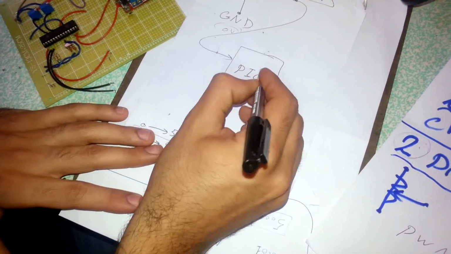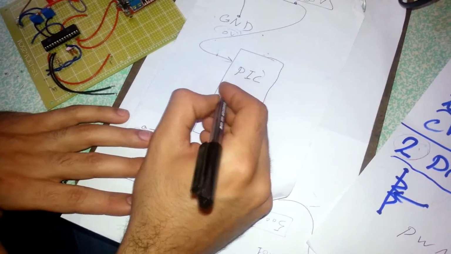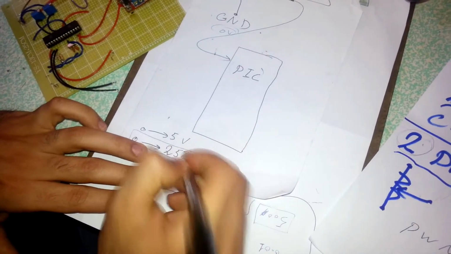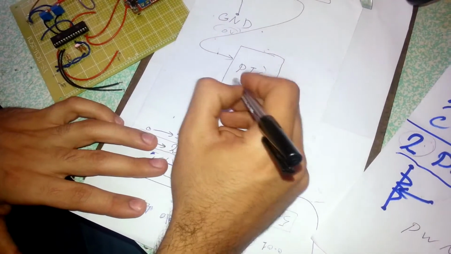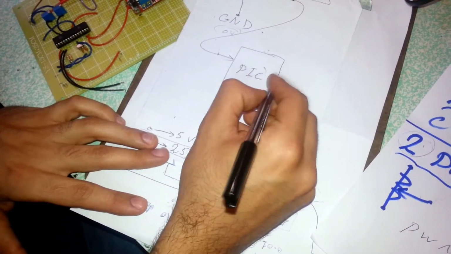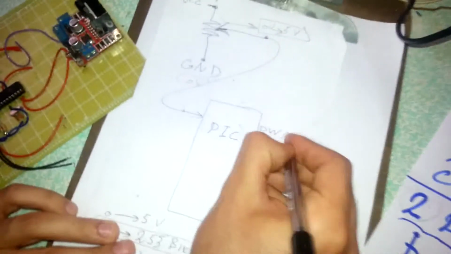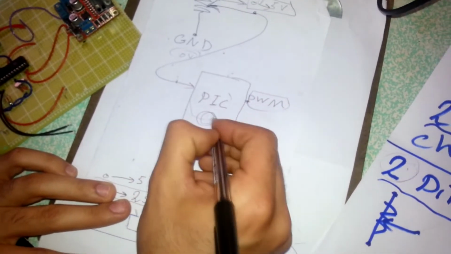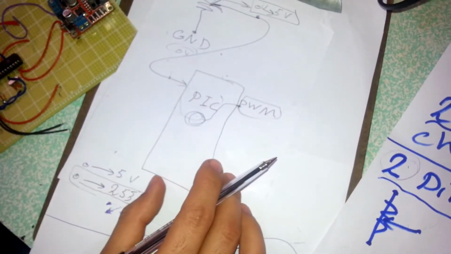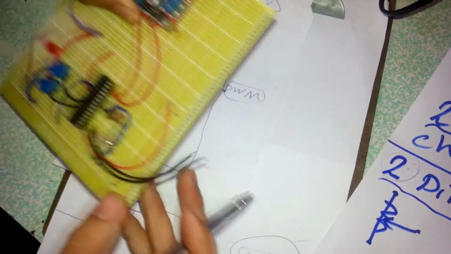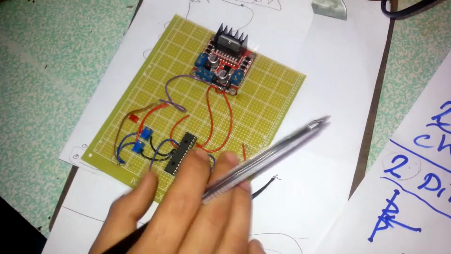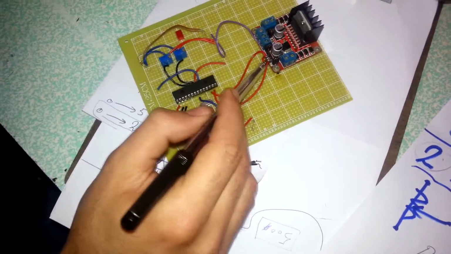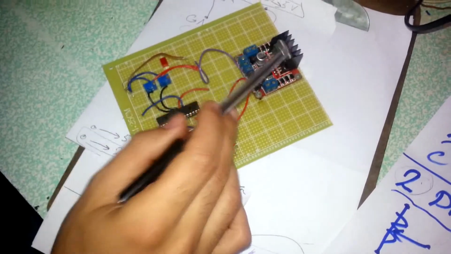Okay, inside the PIC, the analog signal will be converted, as we explained, to a byte, which is 255 bits, and then it's sent to the pulse width modulation output. Well, here are the pulse width modulation channels which are connected to the driver.